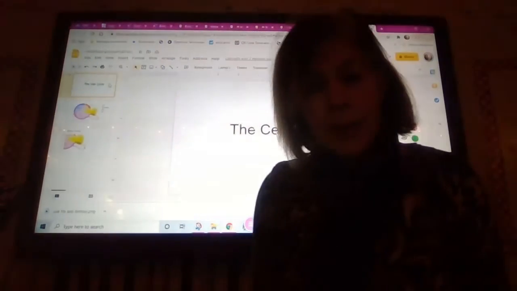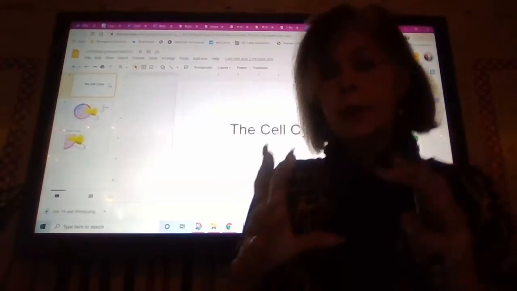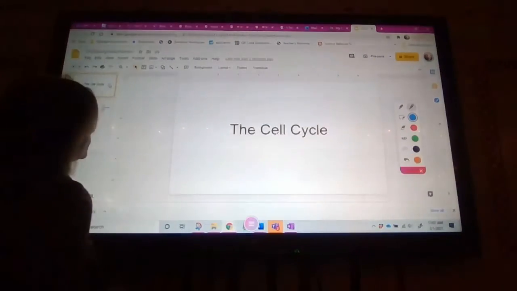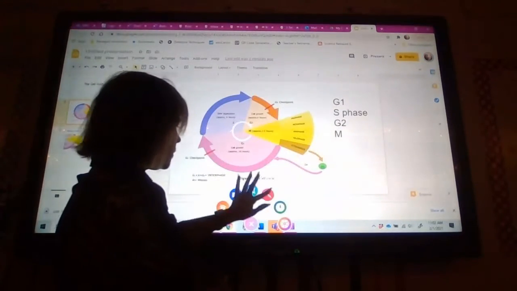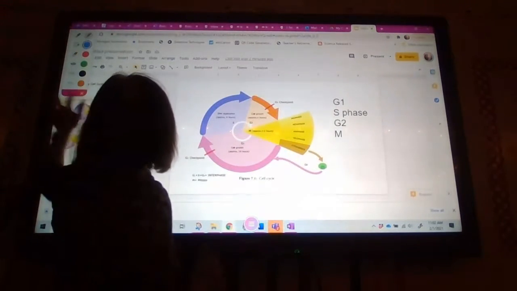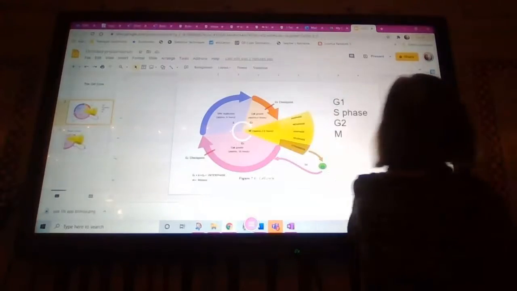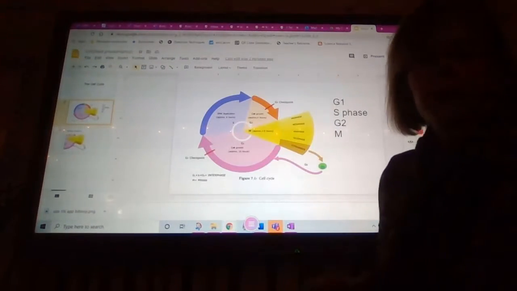Okay, so the cell cycle is basically in two stages. Okay, so this diagram is really good, has a whole lot of information.